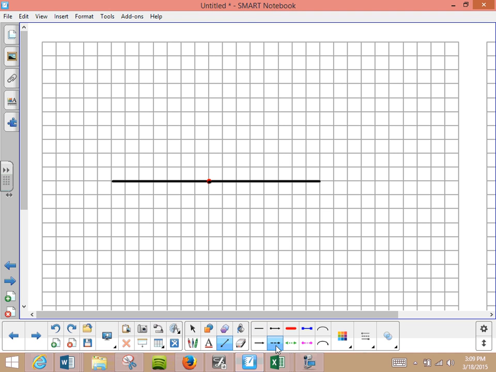Let me show you. Imagine this is my string, and I'm moving it side to side, but I cannot go behind the line here or behind the line here. I have to stay here on top the entire time. And some of you have long ones, some of you have short ones. It doesn't matter. I just want you to get the feel of doing this. This is what creates angles.